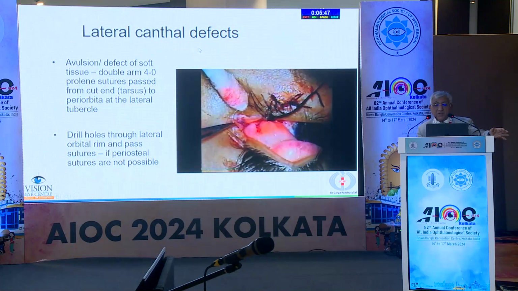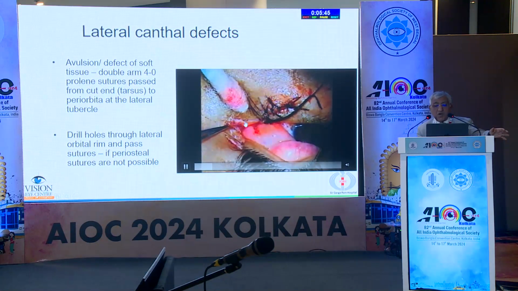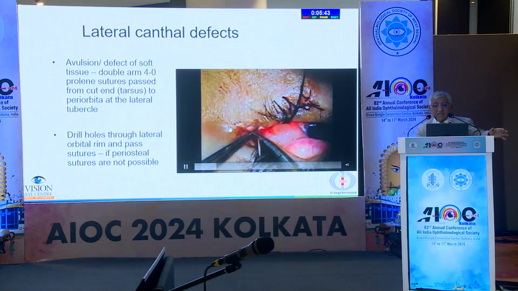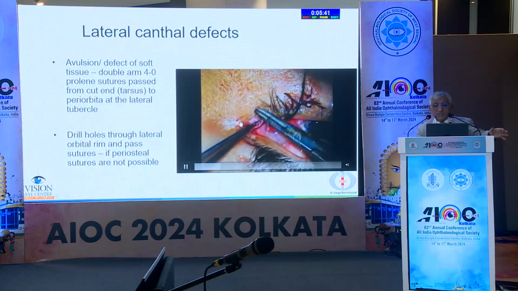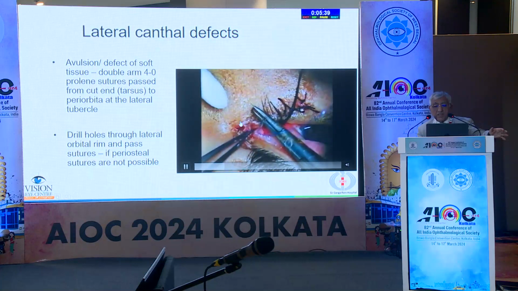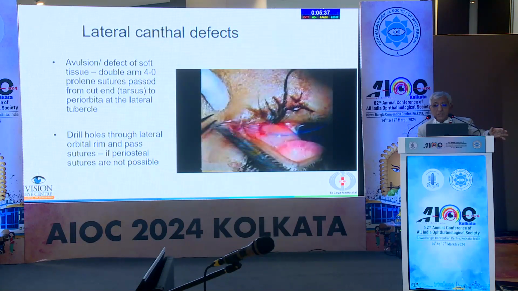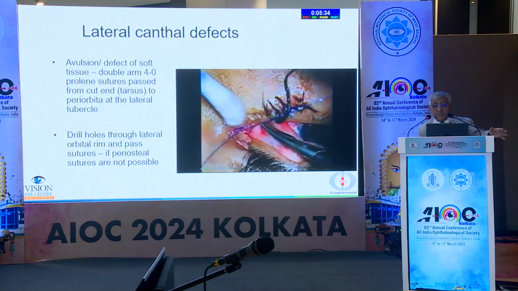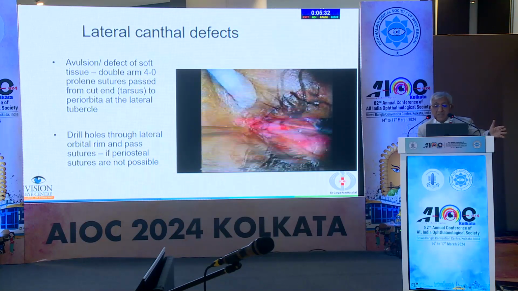So the principle of lateral fixation of the firm tarsus at the lateral orbital rim with sutures that go from the double arm sutures of material like Prolene, which is permanent, or even Vicryl sometimes can be used.